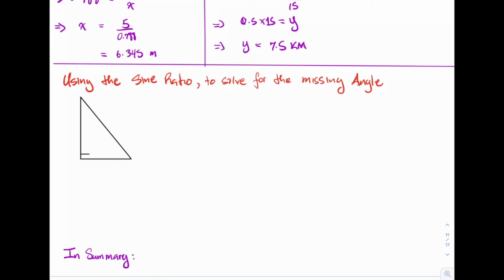Of course, our triangle has to be a right triangle. So here the angle theta is missing, but I have 6 being the opposite side, and I have the hypotenuse being 11. So let's use cm for our units here.